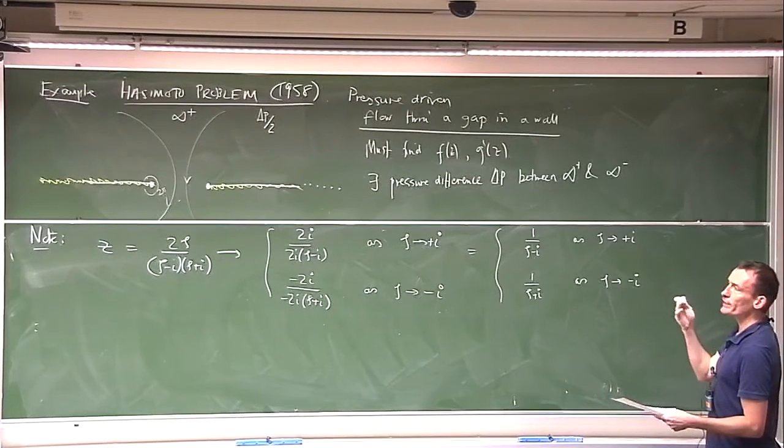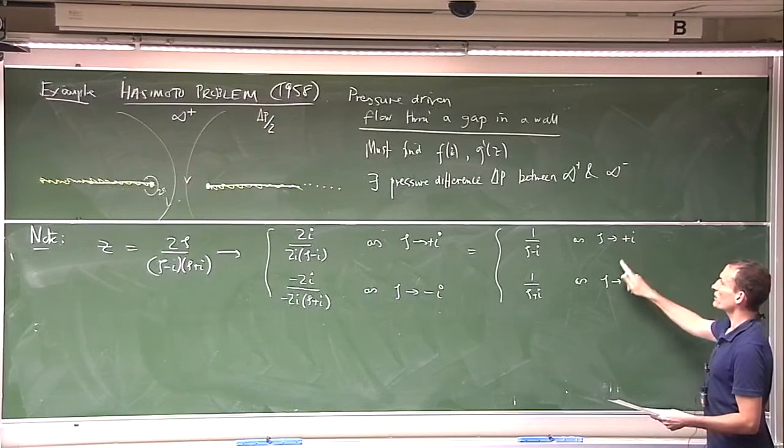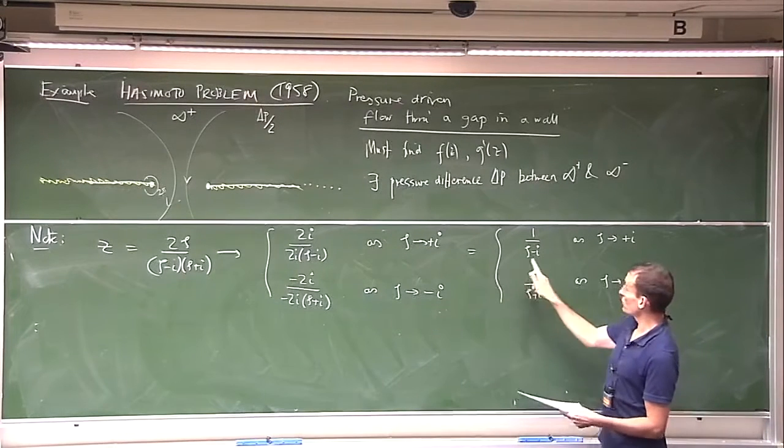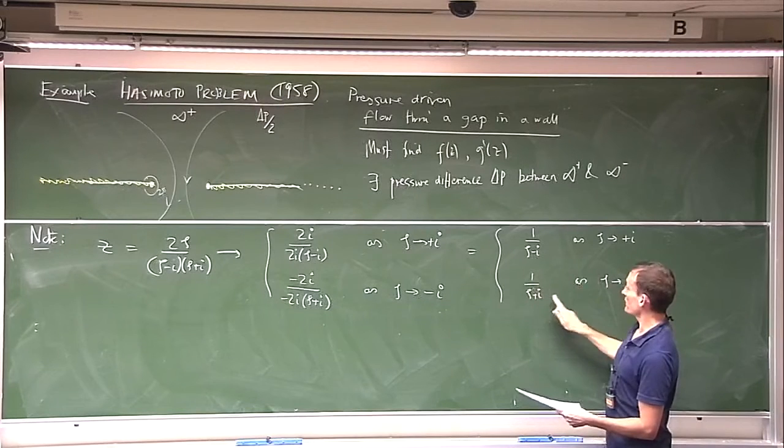What I'm doing, I'm just looking at the local behavior as zeta tends to plus i and zeta tends to minus i. And the point is, z looks like this near there and this near minus i.